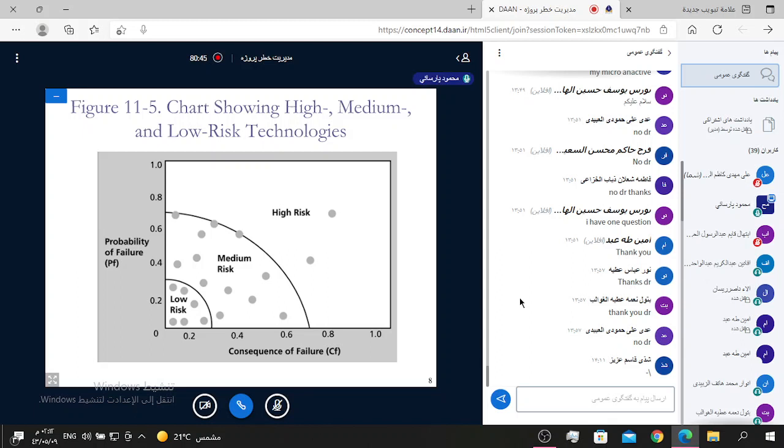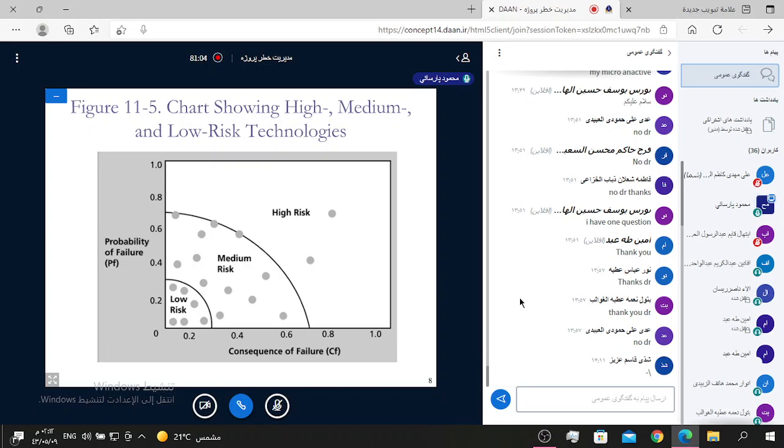And worse, some risks that have low probability and high effect can be important. So this chart is not very clear.